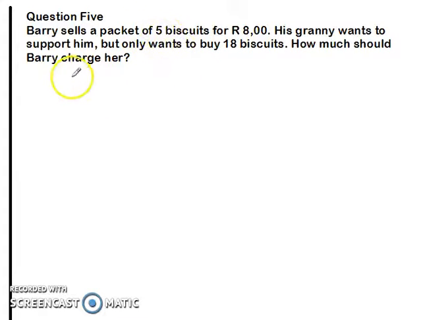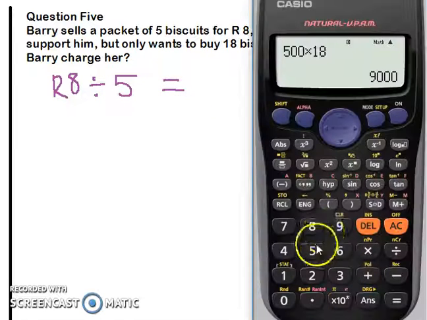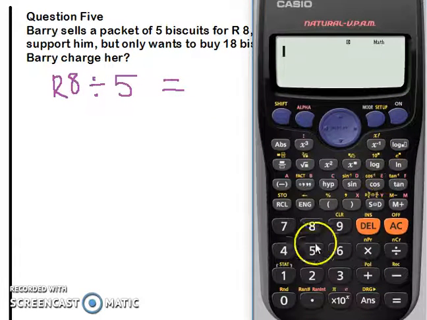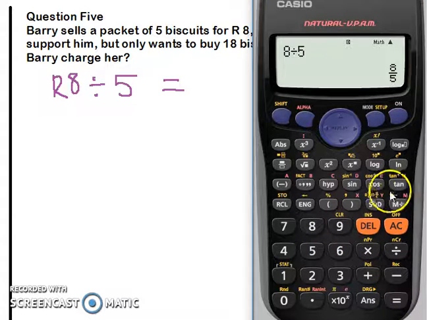So let's start by figuring out how much each biscuit costs. We take 8 rand and divide by 5, and that will give us the cost of each individual biscuit. 8 divided by 5 gives us 1 rand 60 a biscuit.